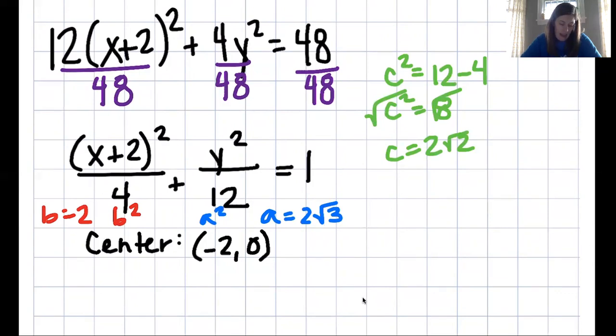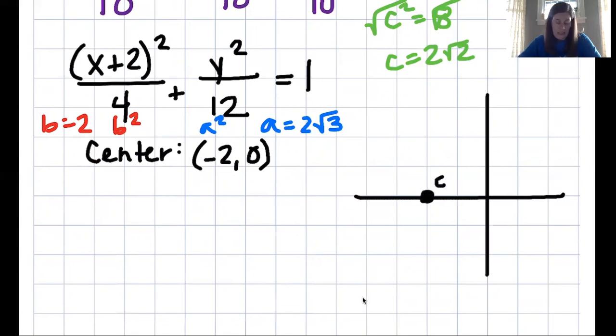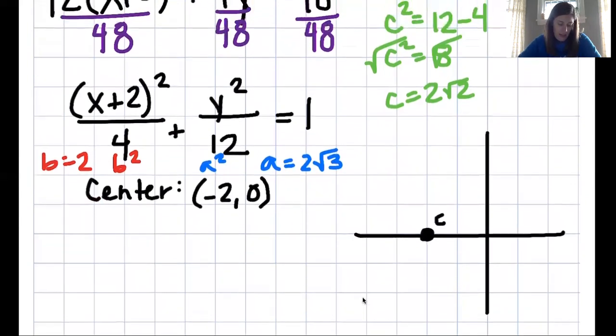And then I can draw my ellipse. So I'm going to go left 2, and up or down 0. There's my center point. If you want to label it with the C so you can keep track of everything, go ahead and do that.